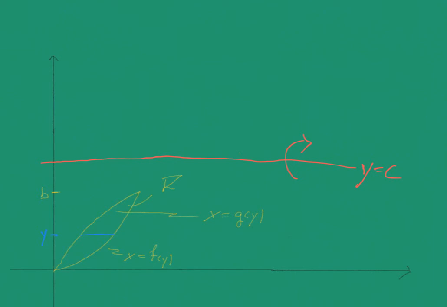And what will we get? Well, I'm going to draw the reflection of this line here, across y equals c, and what are we going to get? It's going to look like this, I guess. Something like that, and like this.